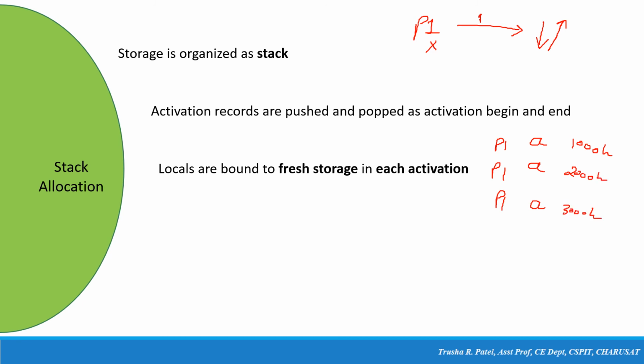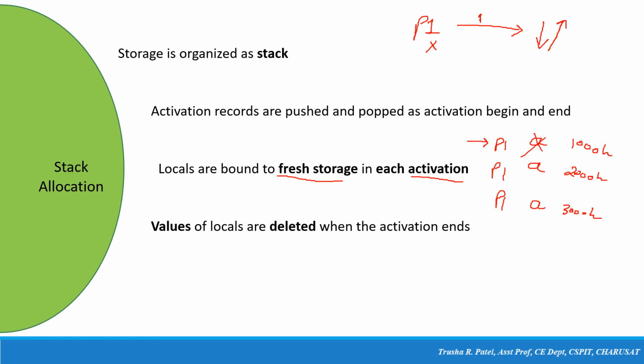So here fresh storage will be allocated for each activation, while in the case of static allocation the same storage will be used for multiple calls. The values of the locals are deleted when the activation ends. So after the first call, the value of A will be deleted. For the second call, new storage will be allocated, and we can assign a new value to this A, because the old location and the old value are already free.